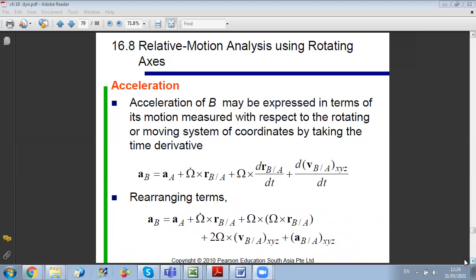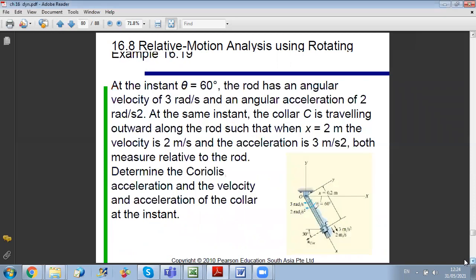Okay, so let us do a small example so that you can understand better the application of this form. At the instant shown, theta is equal to 60 degrees. The rod has an angular velocity of 3 radians per second and an angular acceleration of 2 radians per second squared.